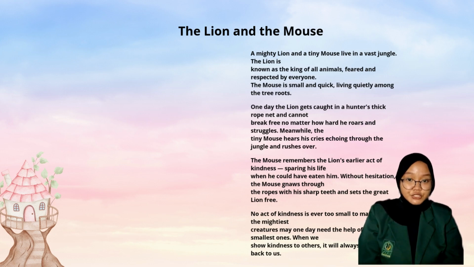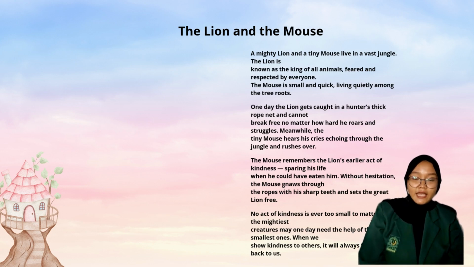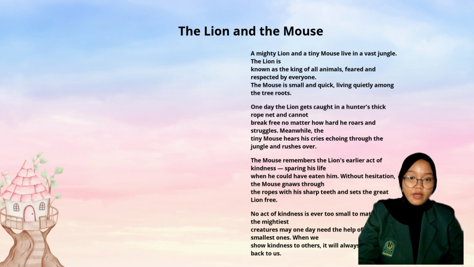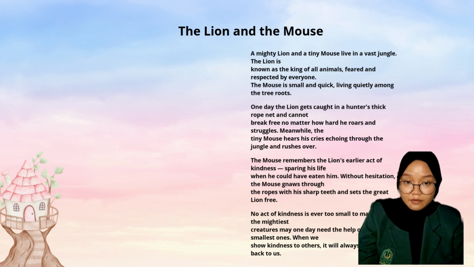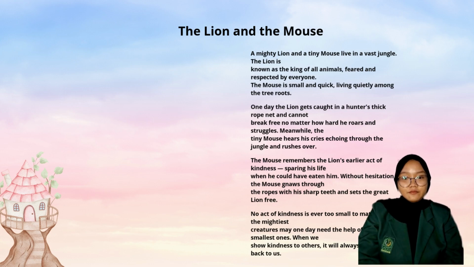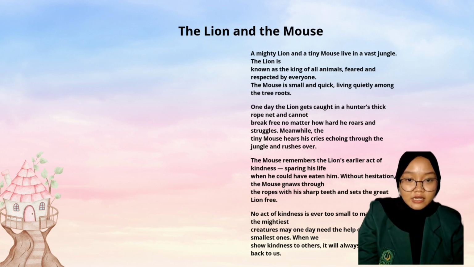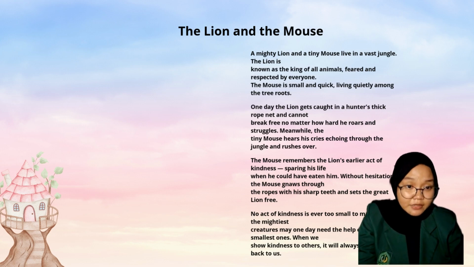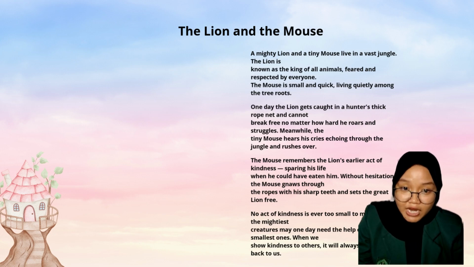In the orientation part, we read about the beginning of the story. It tells who the main characters are and where the story takes place. Like: a mighty lion and a tiny mouse live in a vast jungle.